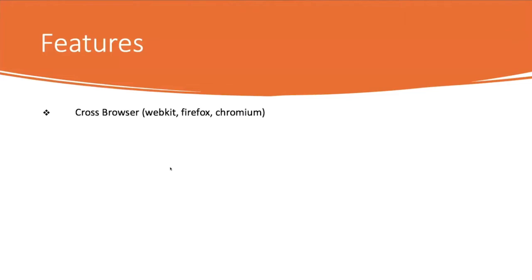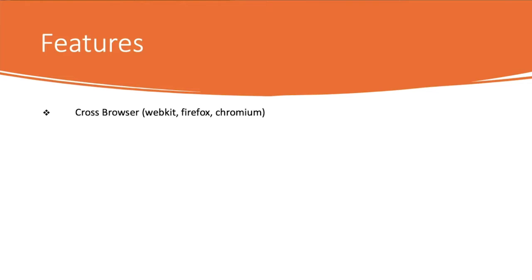So first of all, Playwright describes itself as cross-browser. And what it means by that is it's out of the box, gives you the ability to run your web automation scripts on a number of different browsers, including WebKit, which is used for Safari, Firefox, obviously, and the Chromium browser, which is the engine for obviously Google Chrome, but also Microsoft Edge as well.